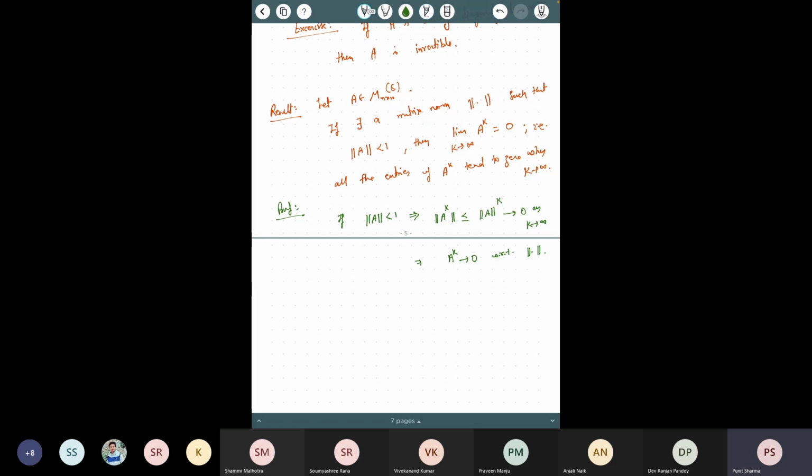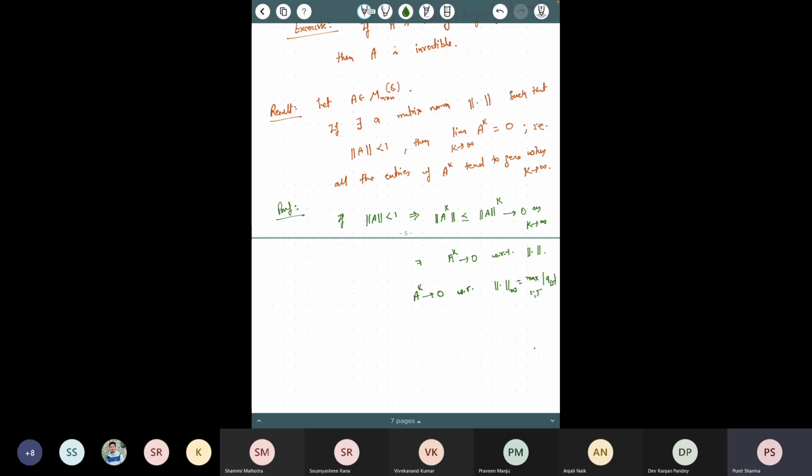So in particular, if this is going towards 0 for this norm, then A^k goes towards 0 with respect to any vector norm, because we know that any two vector norms are equivalent on a finite dimensional vector space. Or in particular, A^k goes to 0 with respect to the infinity norm, which is the max of all entries.